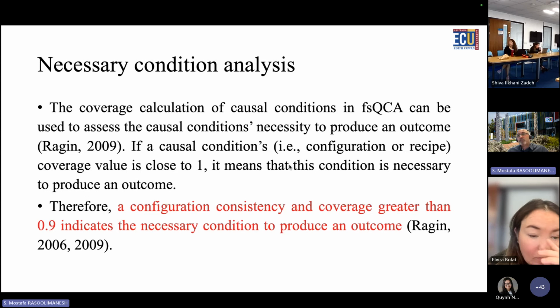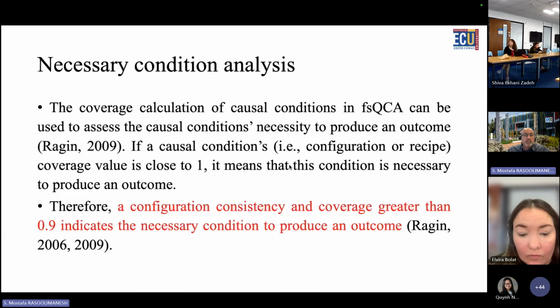He asked me to possibly change this to necessity analysis in FSQCA. I did, and I didn't use NCA in any of my papers after that. Instead, I mention necessity analysis in FSQCA, because it's in kind, not in degree.